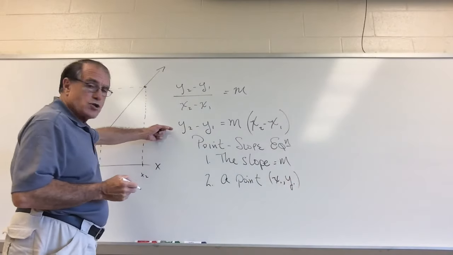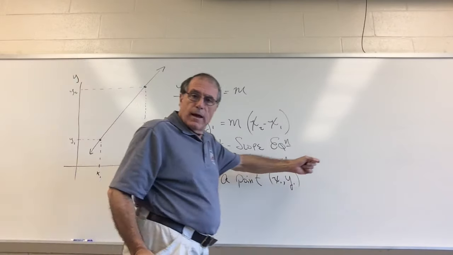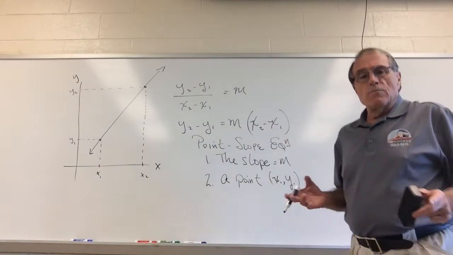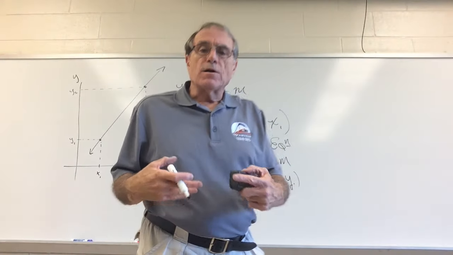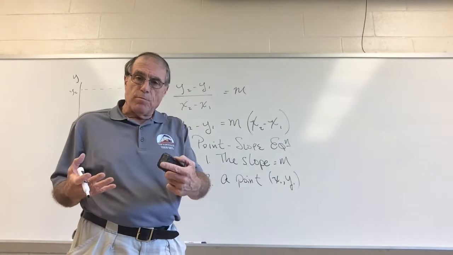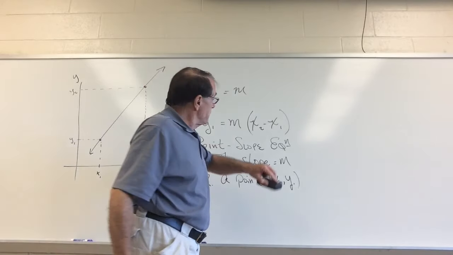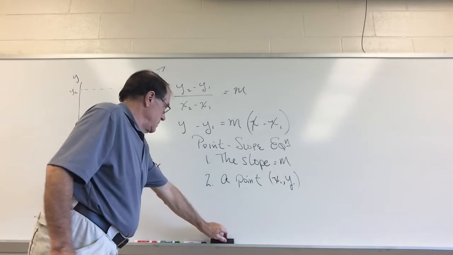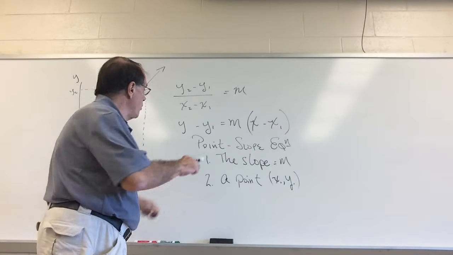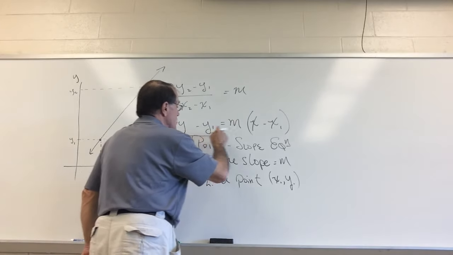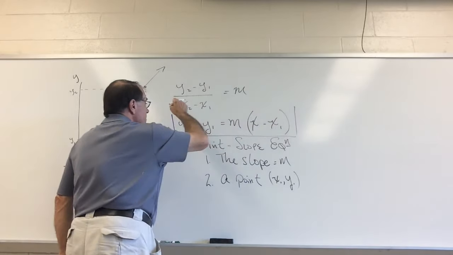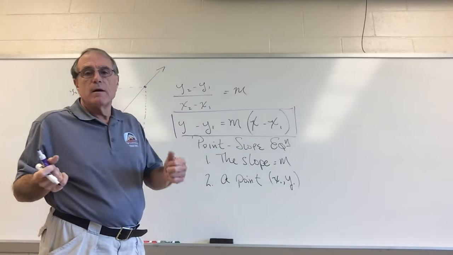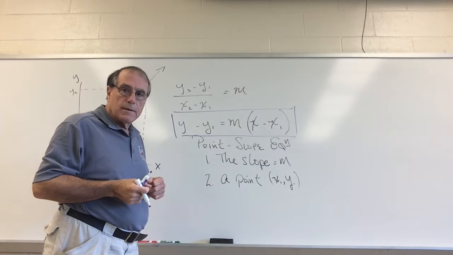So then in my equation, y2 and x2 remain variables because they will generate additional points on the line, and for that reason I do not need those subscripts. So here I have the point slope equation of a straight line. Y minus y sub 1 is equal to the slope m times x minus x sub 1.